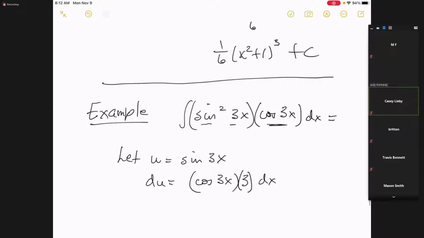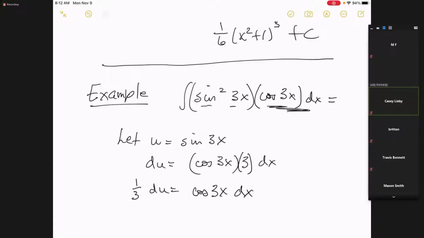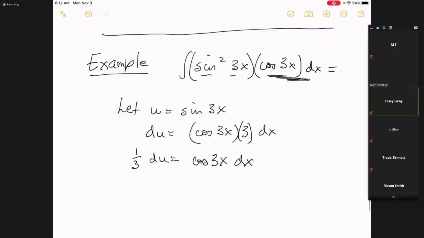There's du. And I have cosine of 3x dx in my integral, but I can take care of that. 1/3 du is then cosine of 3x dx. So let's come down here.